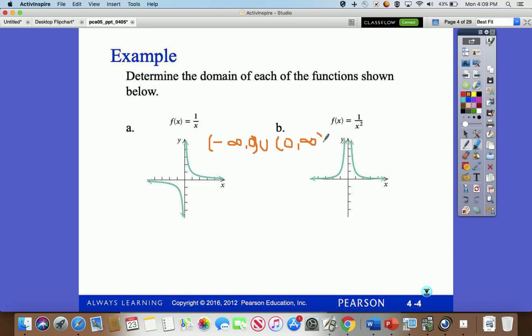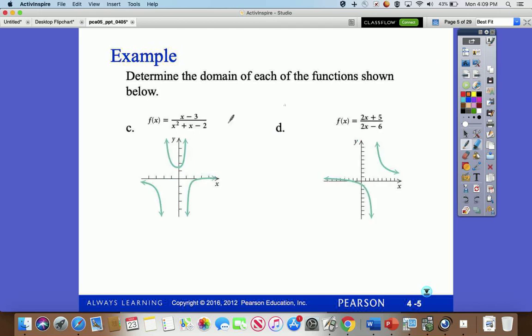I'm doing my best with the handwriting, guys. All right, so we have that. That's a 0 in parentheses. If we look at our function, that makes sense, because what would make the denominator 0? Well, an x value of 0 would. Same thing here, and you can see how it's shown on the graph.